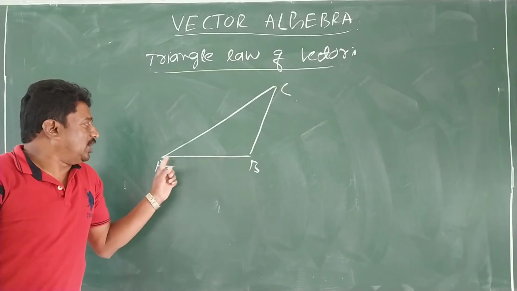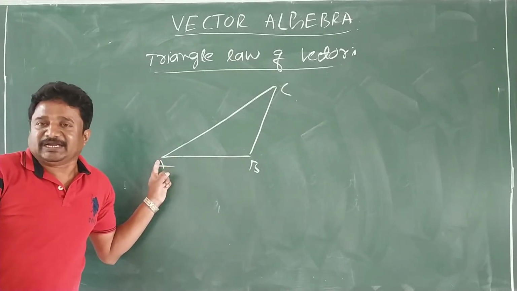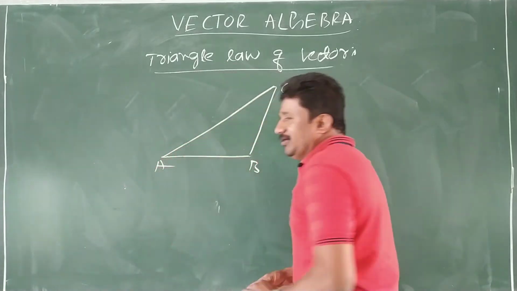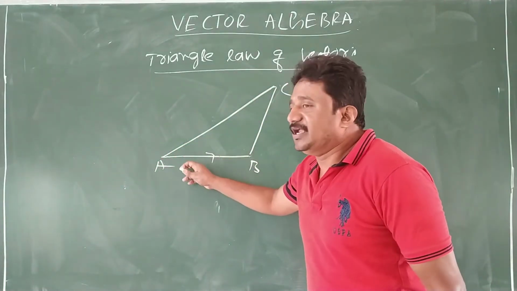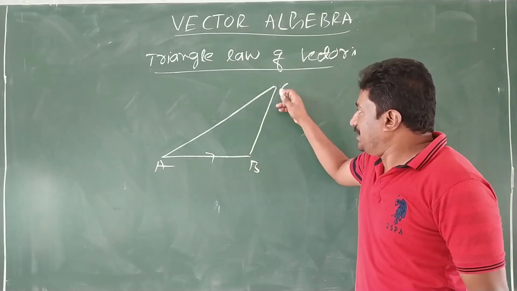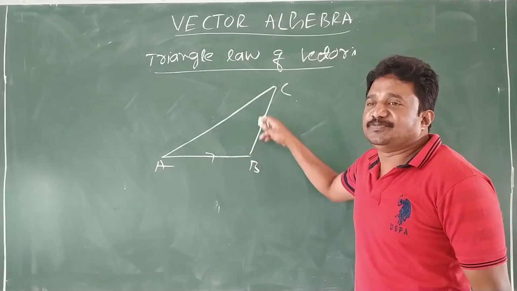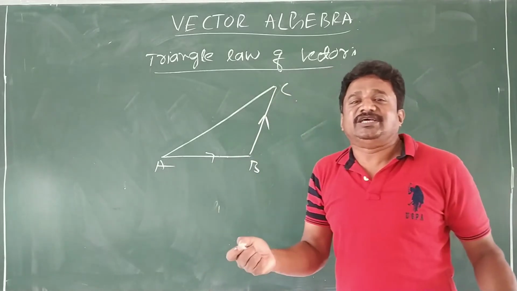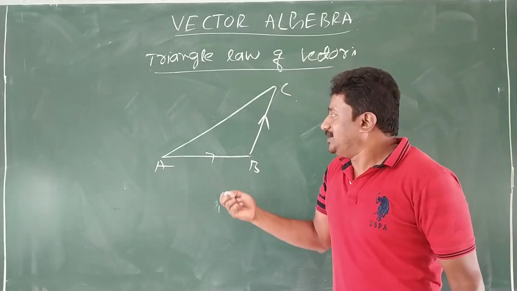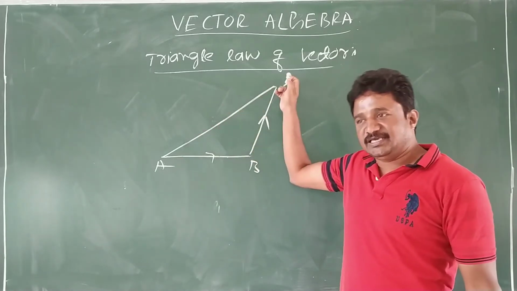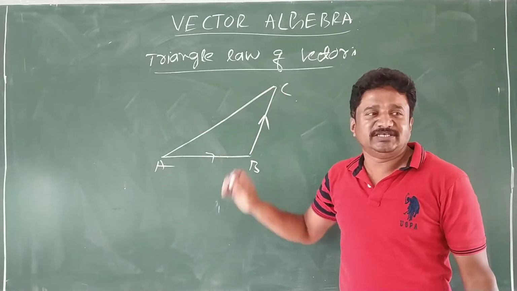If a monkey travels from A to B, that is, the direction is from A to B, and again it travels from B to C, then tell me the resultant displacement traveled by the monkey. It is AC. What is AC?